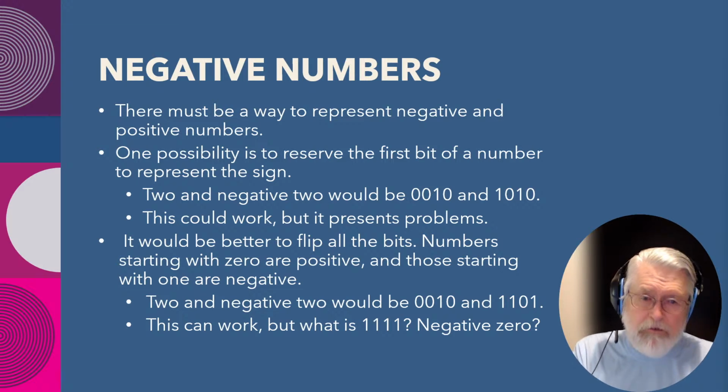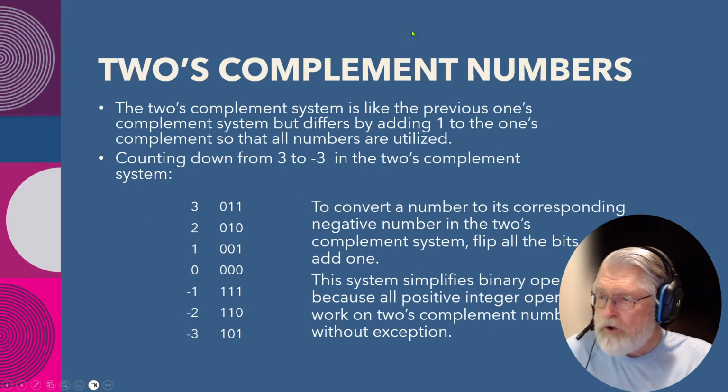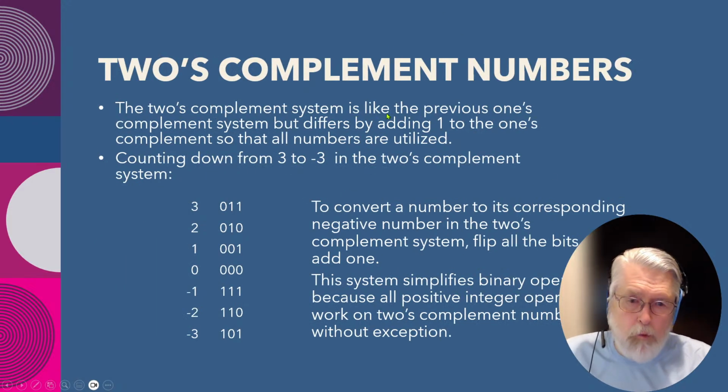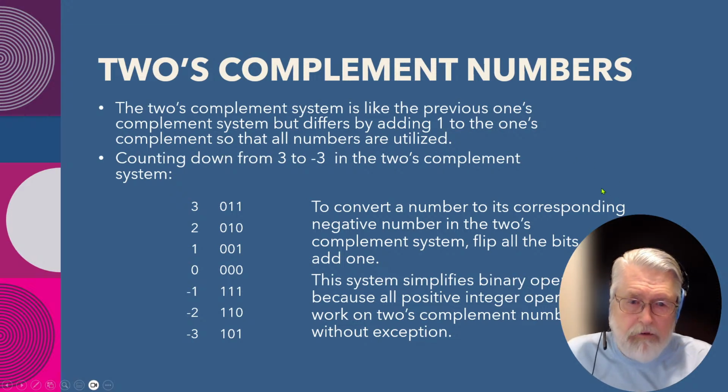Better than the ones complement is the twos complement system. And the twos complement system is like the ones complement, except that it differs by adding 1 to the ones complement so that all the numbers are utilized.